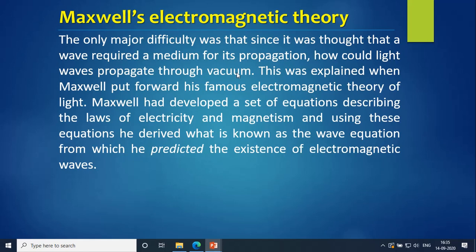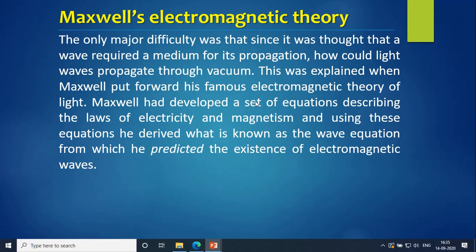So they thought that there is an ether medium, a hypothetical ether medium, was always there, and light is propagating in the form of wave. But they couldn't explain why light is traveling in the vacuum, how it can propagate in the vacuum. In the vacuum there is no medium, but without an intervening medium how can a wave travel?